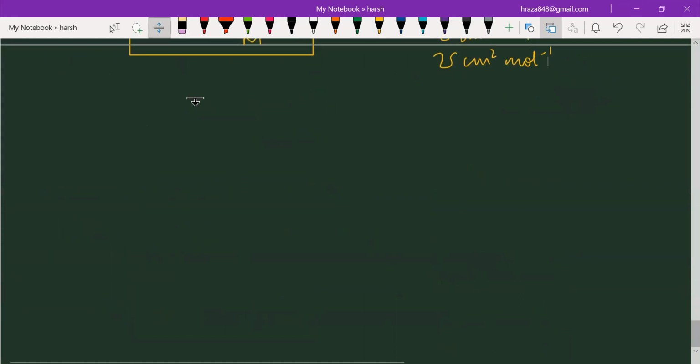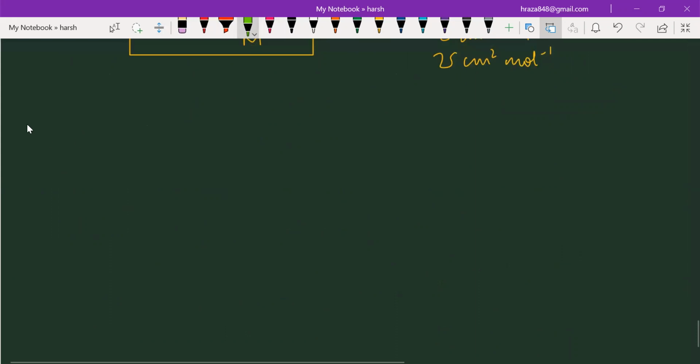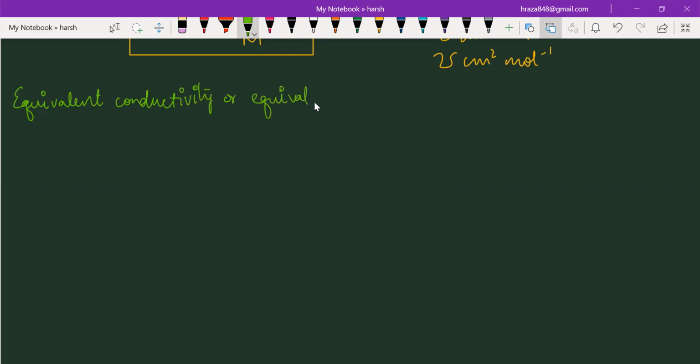Now we have the next term, that is equivalent conductivity, or equivalent conductance, denoted by lambda eq. I'm going to define it in the same way as the above one.